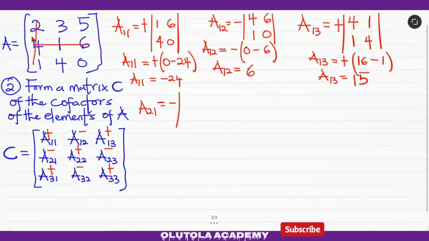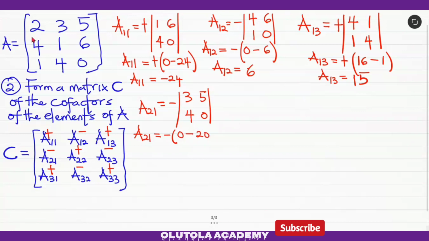So what I have is 3, 5, 4, 0. So when I do that, I'm going to have A21 equals negative 0 minus 20. So A21 equals 20.